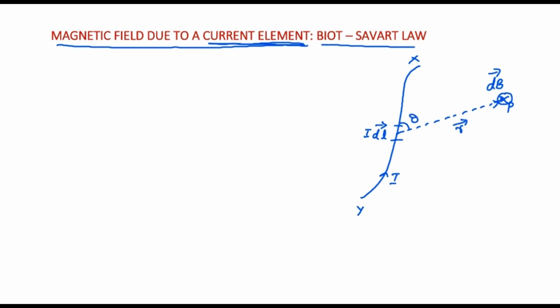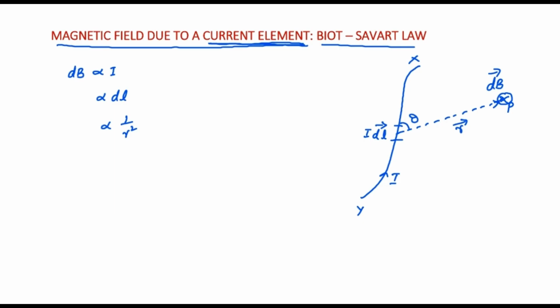is theta. Now according to Biot-Savart's law, the magnitude of the magnetic field dB is directly proportional to the current I, and it is also directly proportional to dl and inversely proportional to the square of the distance. And what is its direction?